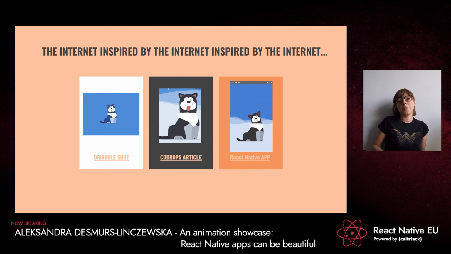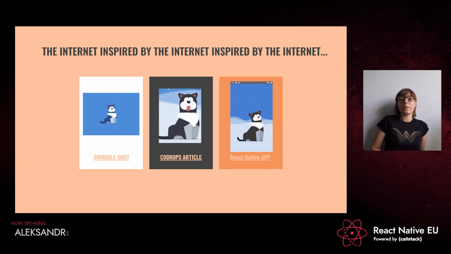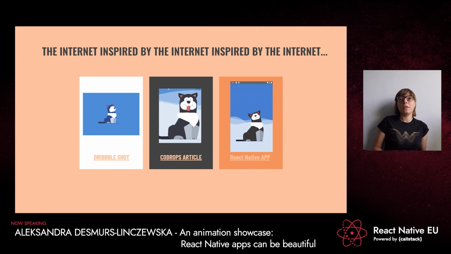Then the person who wrote the Codrops article solved so many issues on how to animate the dog the way it is animated. It's animated in CSS only. I feel that those two people really did the bulk of the work. I only drew from what they did.